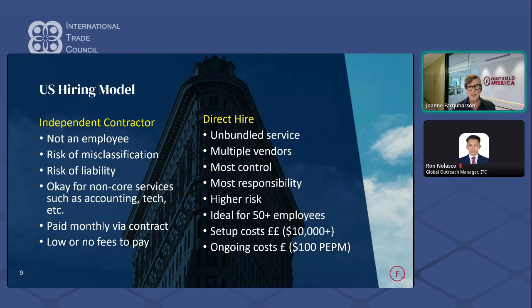So it is a progression that happens for some companies. And occasionally a company will come in and say, we're committed. We're going to do the hiring directly into our entity, and we'll put all the pieces together ourselves. So those are the common hiring models for when you decide it's time to have people on board.